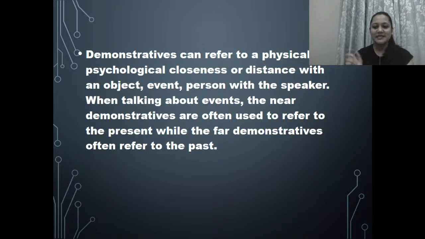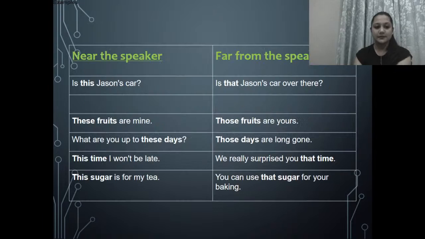You need to keep these two words in mind: near and far. Near demonstratives are often used to refer to the present, while the far, as the word itself clearly shows, talks about something which is not close to you. So the far demonstratives often refer to the past, something which has already taken place.